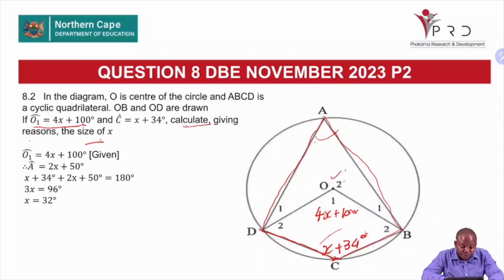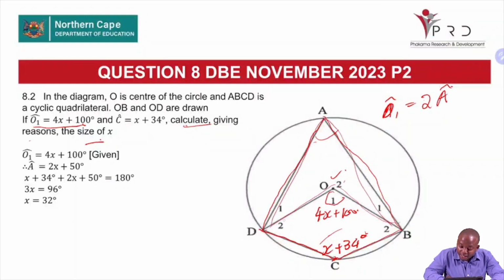Now this is to say angle O1 equals 2 times angle A, because if we do a bow tie there, you can see that this is the angle at the center, which equals twice the angle at the circumference.